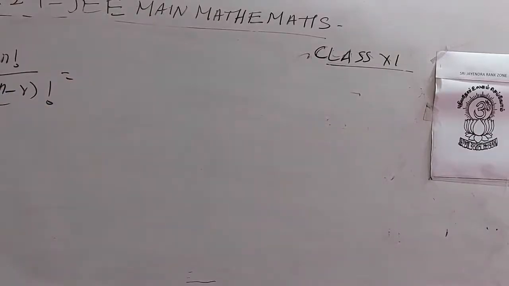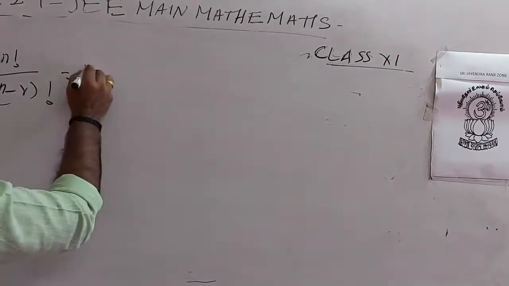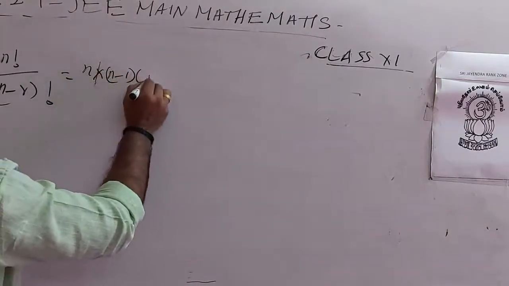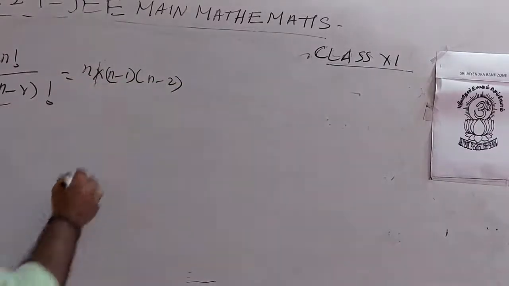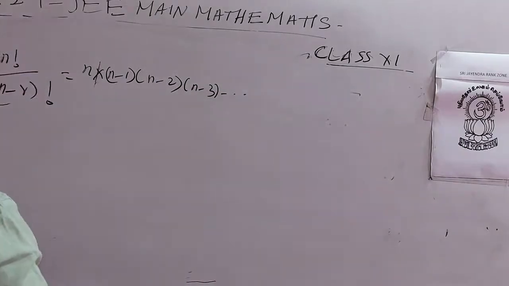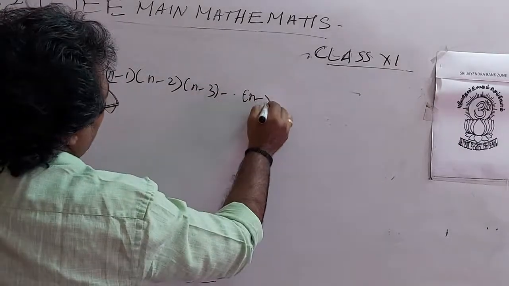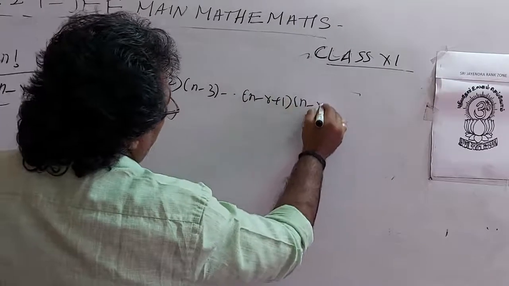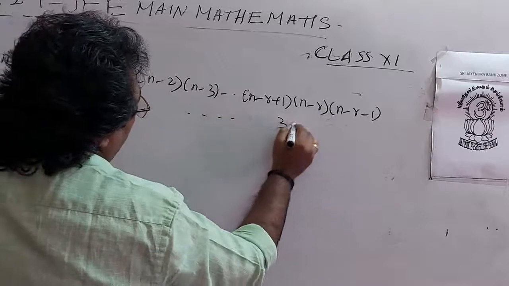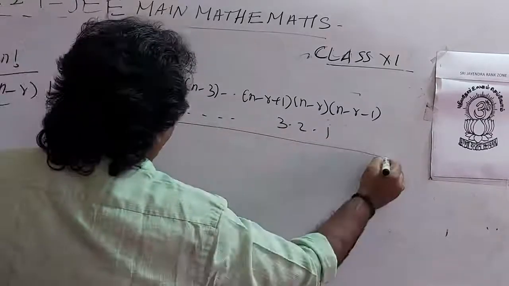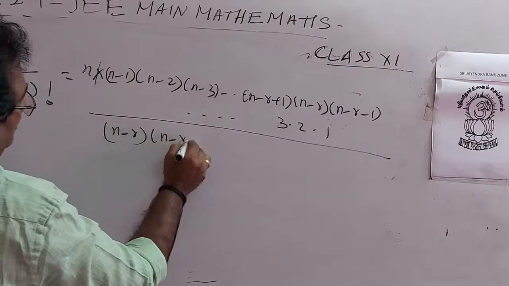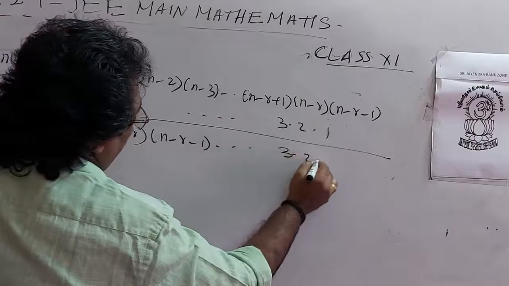n factorial by n minus r factorial: n into n minus 1, n minus 2, n minus 3, etc., n minus r plus 1 into n minus r, n minus r minus 1, etc., 3 to 1, whole divided by n minus r, n minus r minus 1, etc., 3 to 1.